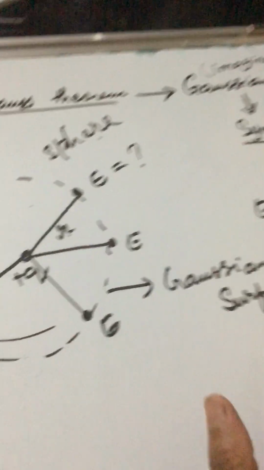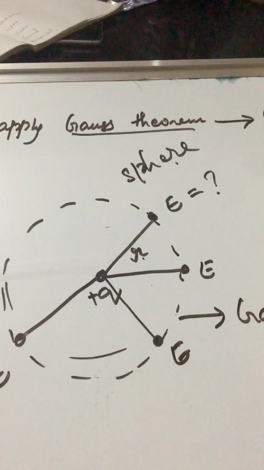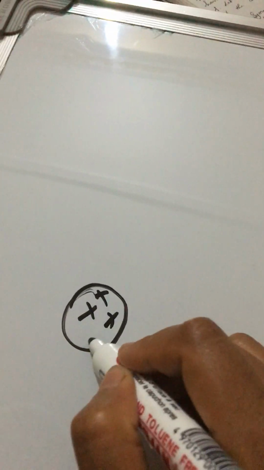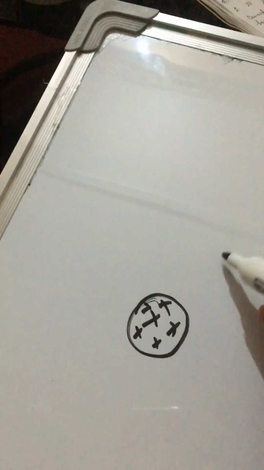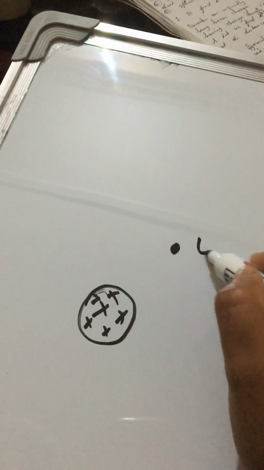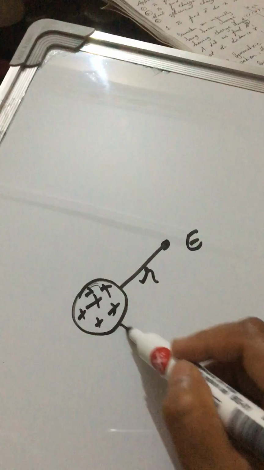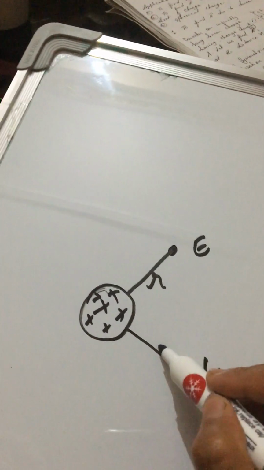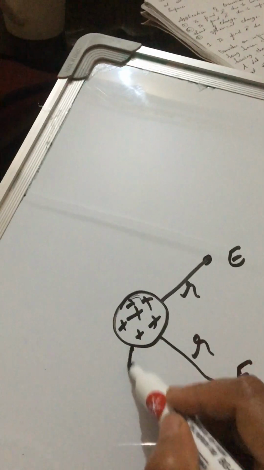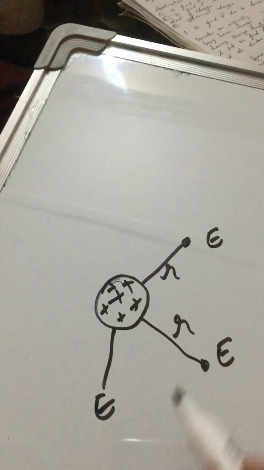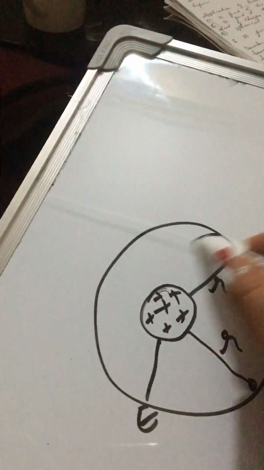All right, clear. Another, let me see. Here is a ball where all the charges are inside. Now if I want to find the electric field at this point, what type of Gaussian surface do I need to consider? Equidistant r, in every direction, right? Then again, it also has to be a sphere.